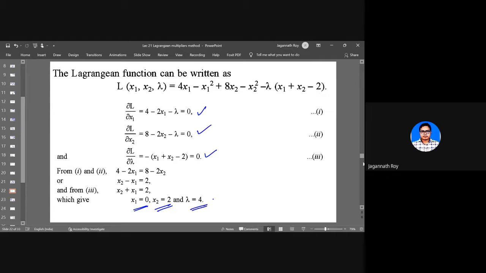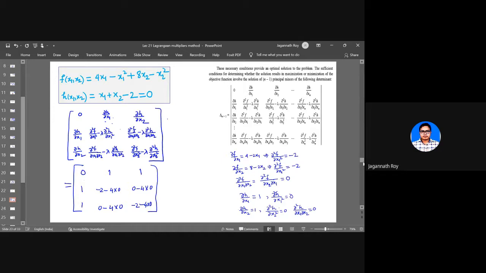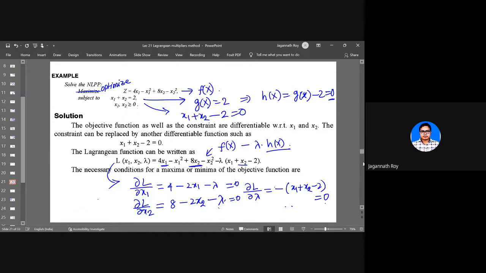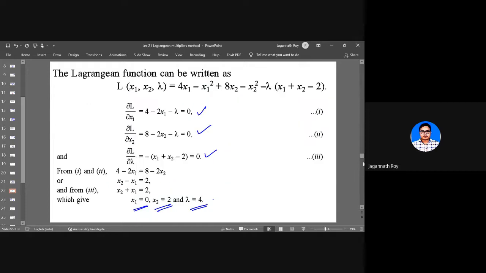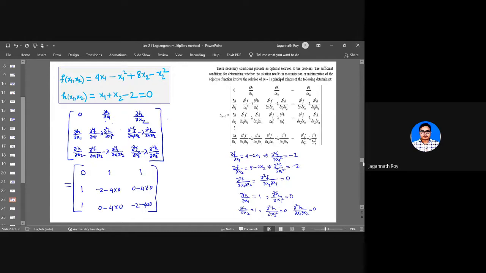Now, in fact, we did not know whether this is a maximization or minimization. If the function is optimized, then we have to find the second order partial derivatives also.